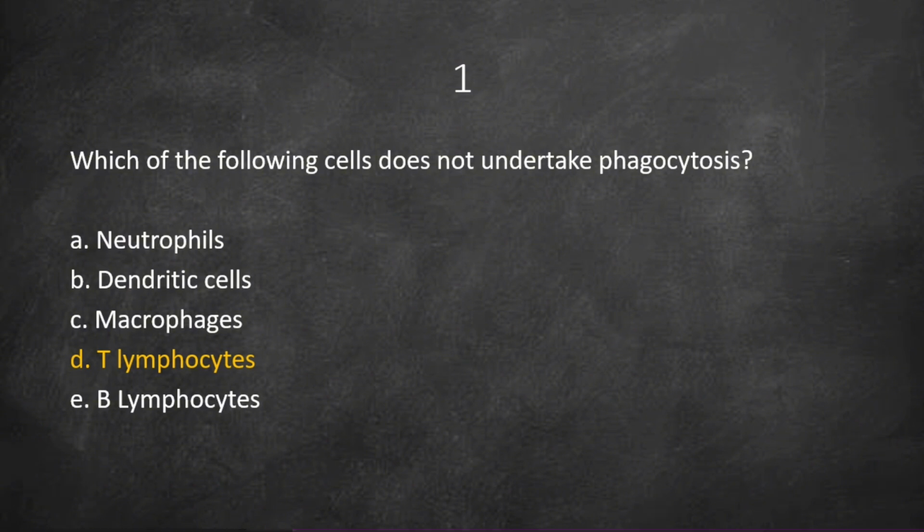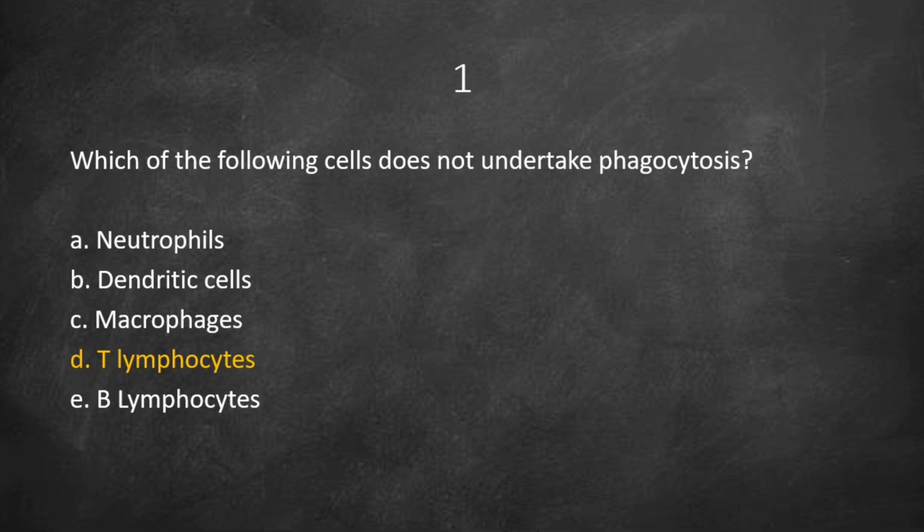Then if we turn our focus to option D and option E, option D, that's T lymphocytes. T lymphocytes do not phagocytose. What they do is that they kill infected cells by programming them for apoptosis. Then B lymphocytes, strictly speaking, do not undertake phagocytosis.